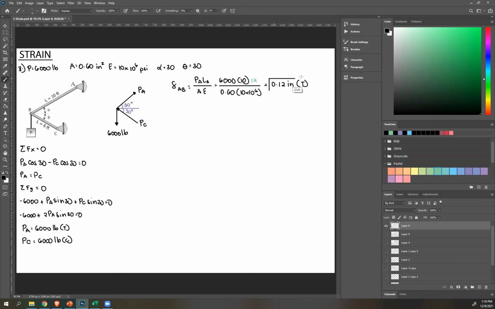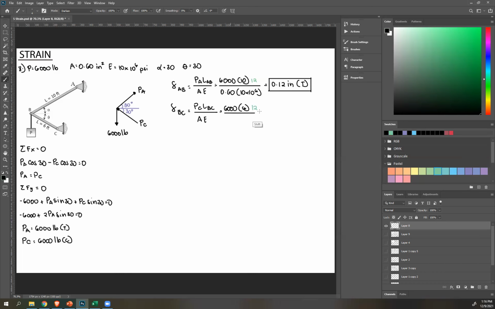Okay. Next, let's solve for elongation of rod BC. Again, that's just PC, length BC, over AE. PC is 6,000. Length 6 feet. I need that in inches, so times 12.